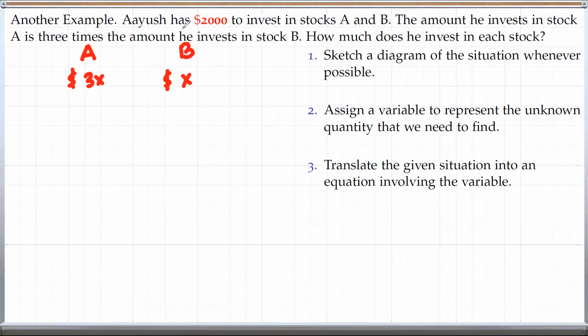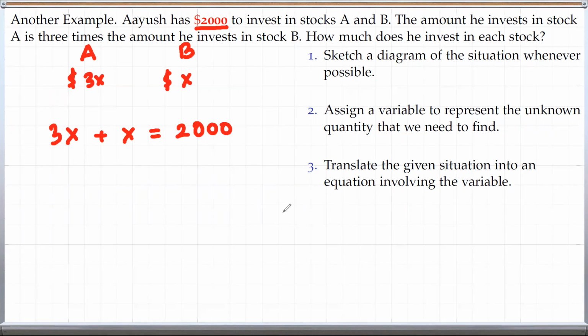So now we use the information that he has $2,000 to invest in total. So we must have 3X plus X equals 2,000, because the total amount he invests in A plus the total amount he invests in B must add to 2,000.